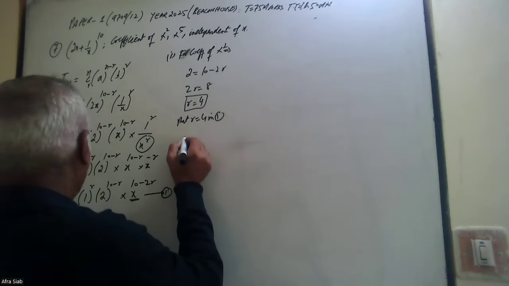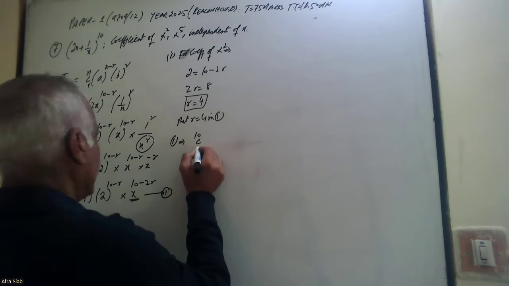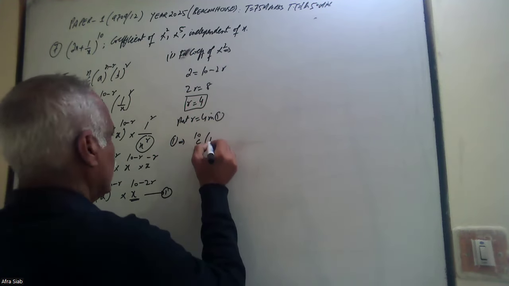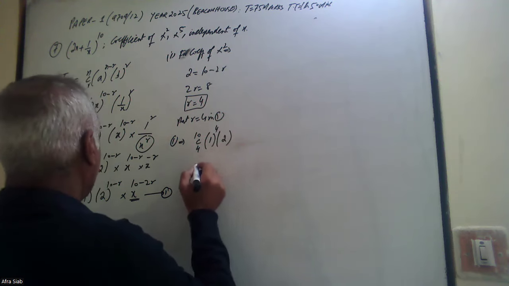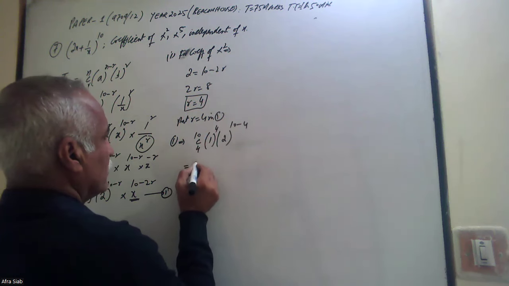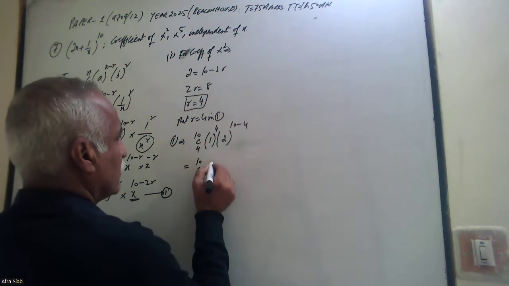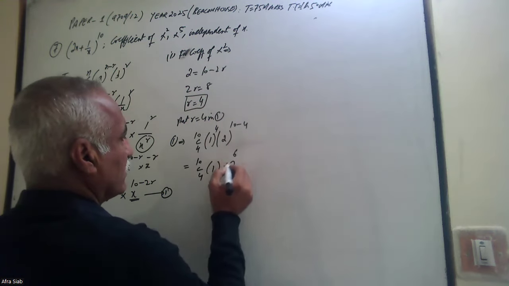So 1 is going to express that it should be equal to 10C4 into 1 power 4 into 2 power 10 minus 4. So this is equal to 10C4, 1 power 4 is 1, 2 power 10 minus 4 is 6.